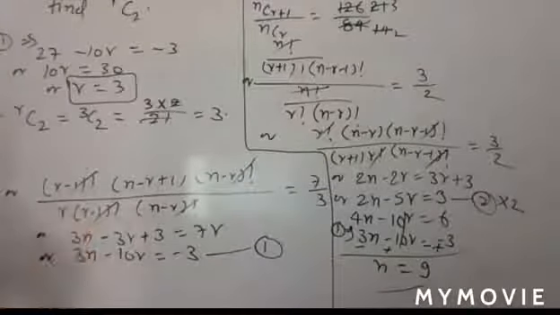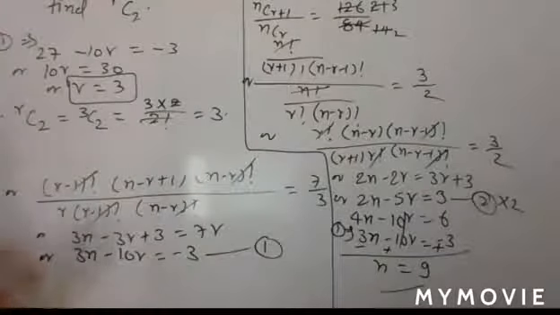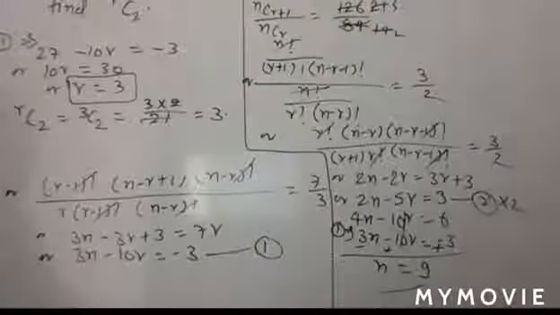Here you have many different types of questions in which you have to find the value of R and N. Sometimes RC2 types of unknown quantities are required. By using the same method, you form an equation in terms of N and R, and you will get your unknown quantity very easily. Right, next question.